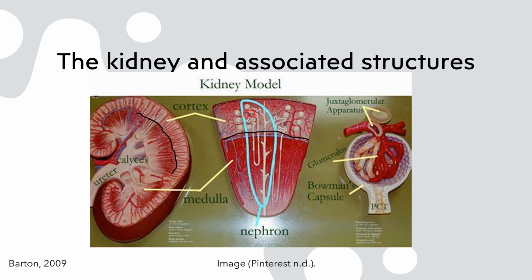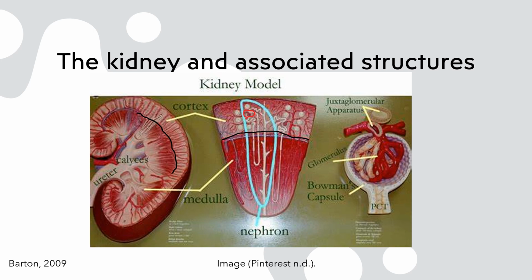Let's talk about the nephron. The nephron is the functional unit of the kidney. There are millions of nephrons inside your kidneys. The nephron consists of the renal corpuscle and the renal tubules. The renal corpuscle is made up of the renal capsule, or Bowman's capsule, and the glomerulus. That's the structure over here on the right. The white structure is your Bowman's capsule, and this funny looking little structure sitting inside the Bowman's capsule is your glomerulus.